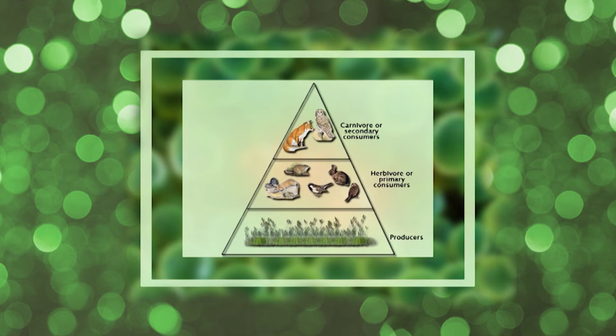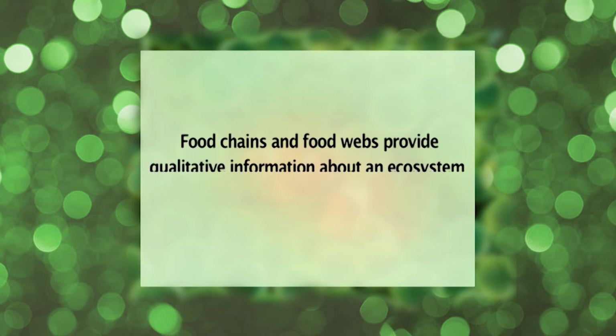Or ecological pyramids are the graphs which illustrate the trophic levels in a community, beginning with the producers at the bottom and proceeding through different trophic levels forming the apex. Food chains and food webs provide qualitative information about an ecosystem.